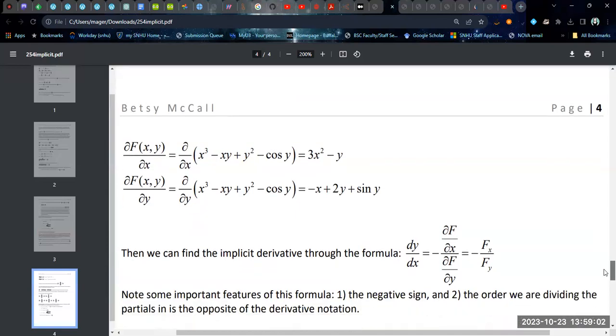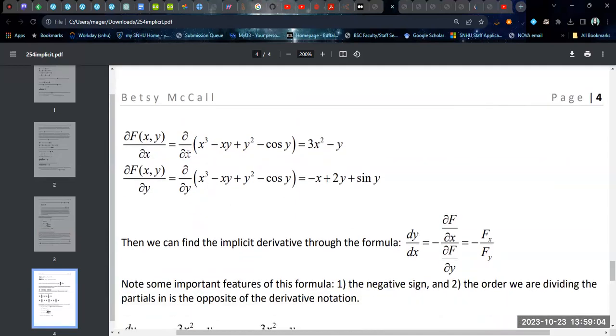So our derivative with respect to x, this is going to be 3x squared, xy will become minus y, and then y squared disappears and cosine y disappears. When we do the partial derivative for y, x cubed disappears, this becomes negative x, this becomes 2y, and this becomes sine y, the sign change.